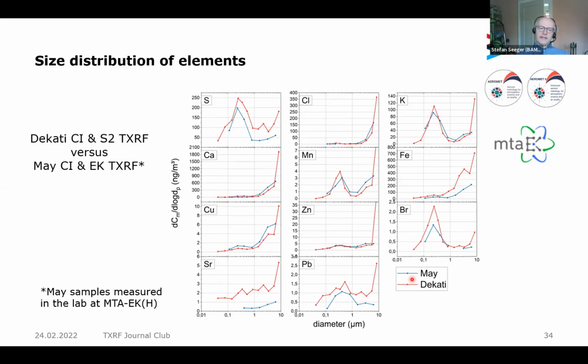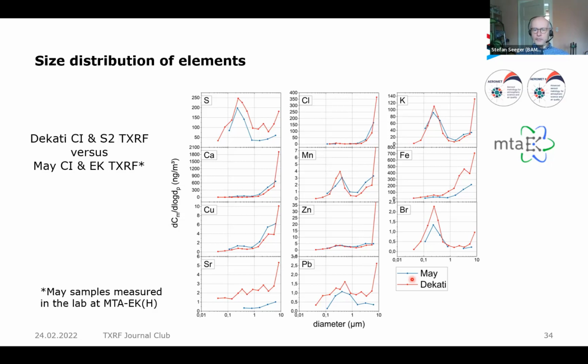As I said, we have a cut point of around 10 micrometers in the last stage of the Ducati impactor. That means that even larger particles than 10 micrometers may enter into the impactor and may then also be counted by the TXRF. So you have to be careful that you do a correction for these effects.